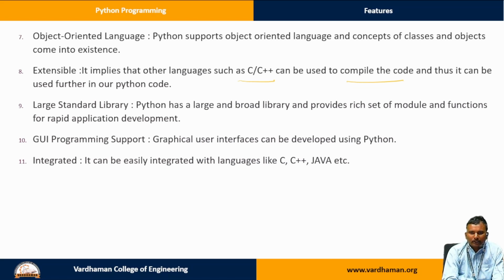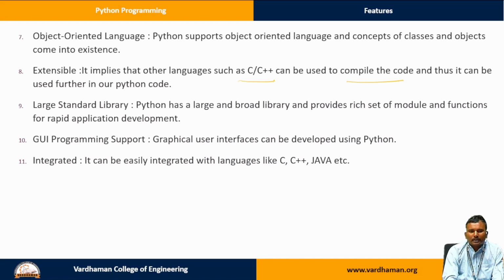For compiling the Python program we need some other programming language, like C or C++. So you can write your own programming, you can include many libraries into it, and you can extend Python programming using Python code.